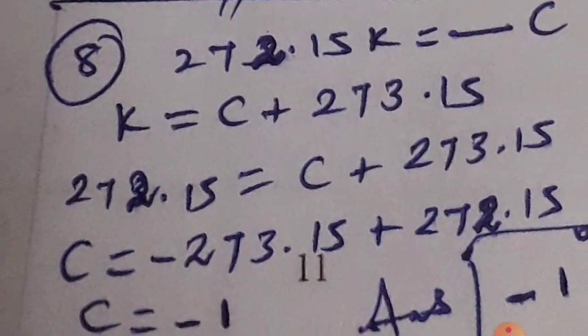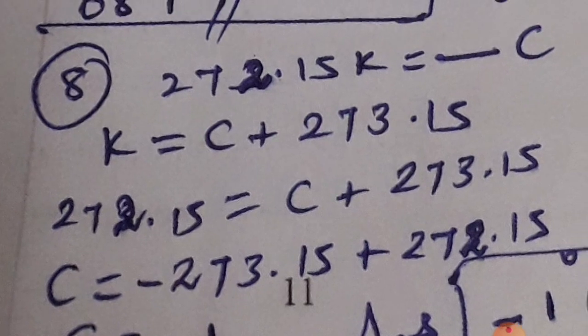And see the 8th problem, children. This is your 8th problem. 272.15 Kelvin is equal to dash Celsius. So you write the same formula. The Kelvin value is given as 272.15. You have to substitute the Kelvin value: 272.15 is equal to C plus 273.15.